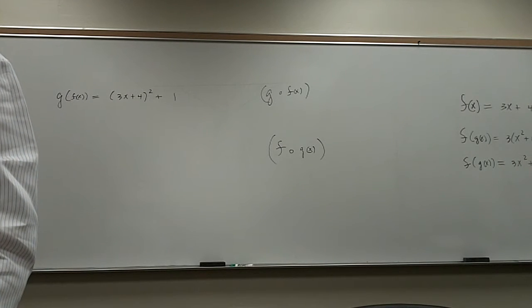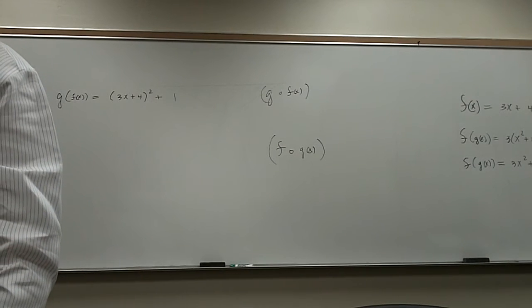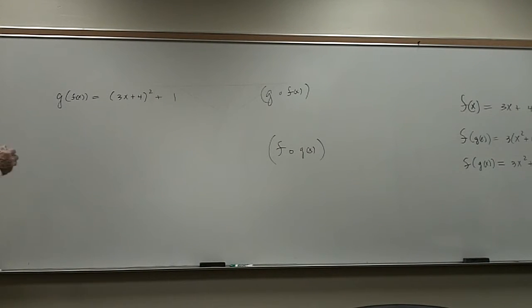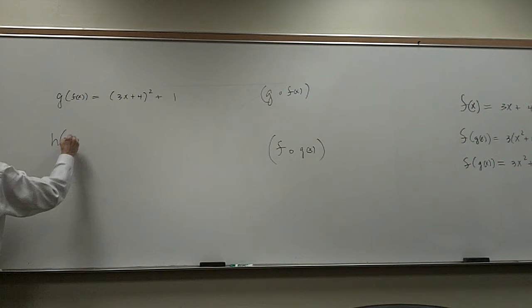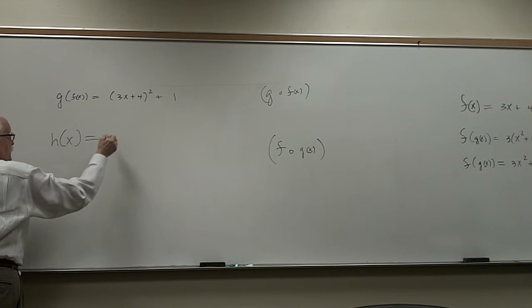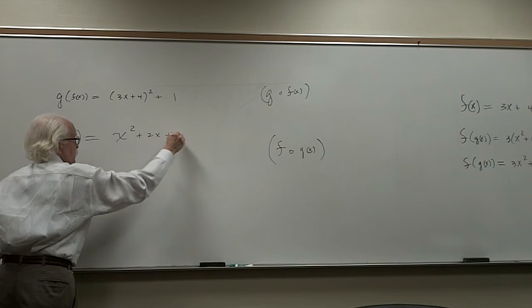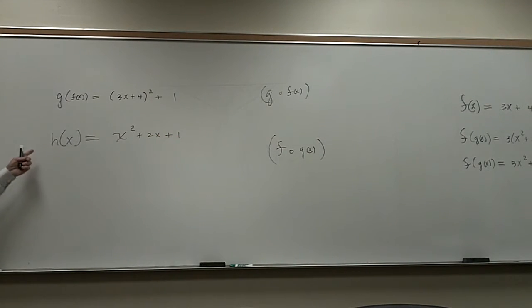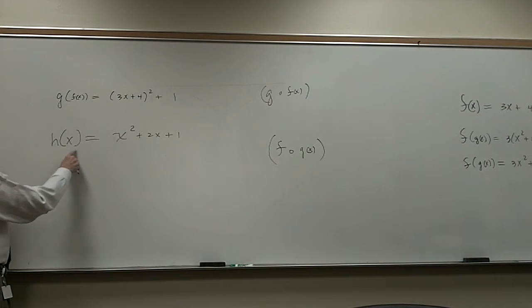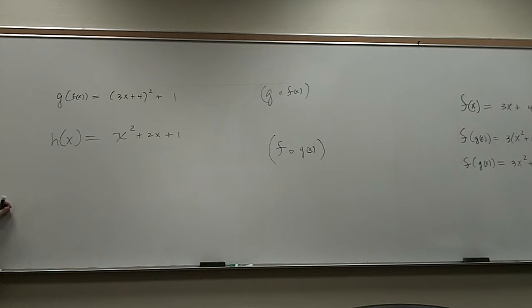You'd have to have a function h of something. You'd have to have like this. Are you saying if you had this? Yeah. This is the same thing as saying y, right?